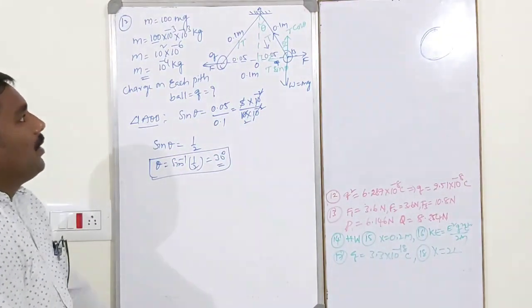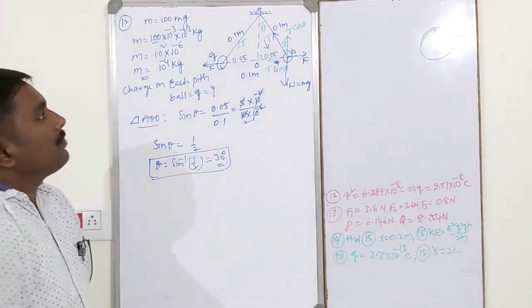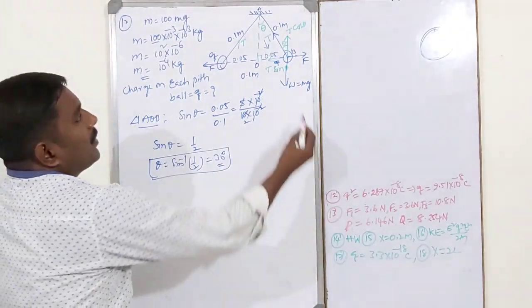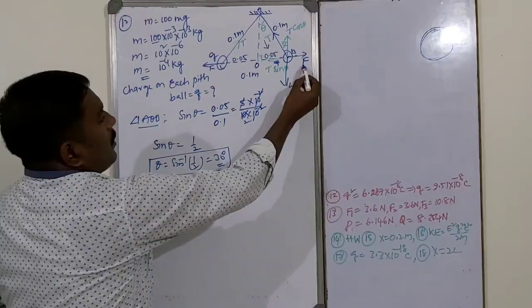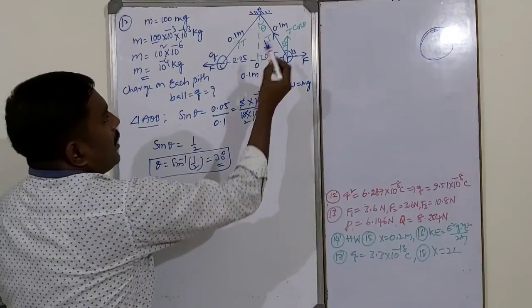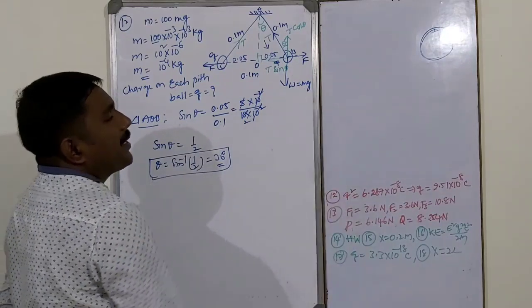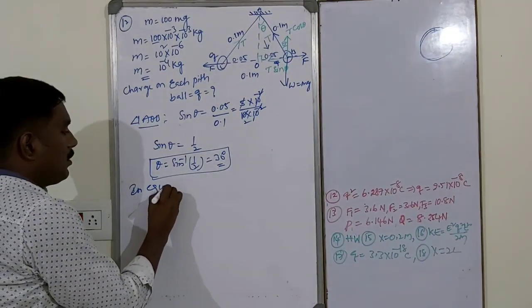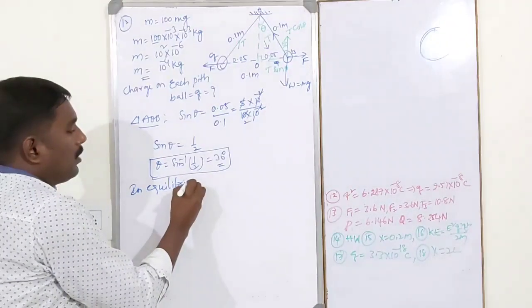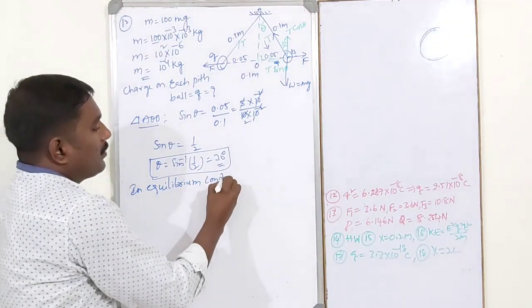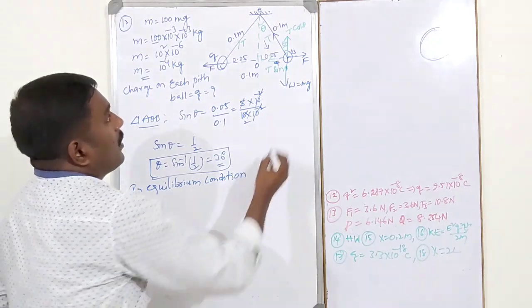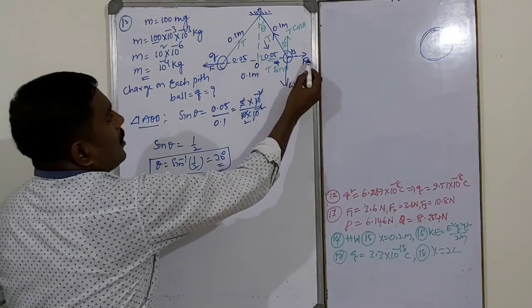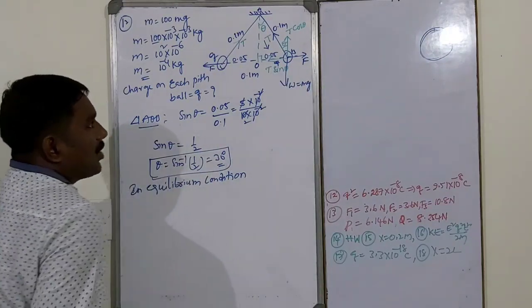So this is the theta value. Okay, so from this diagram, when two pith balls are in equilibrium, F, that is the repulsive force, is balanced by T sin theta, and T cos theta is balanced by the weight. In equilibrium condition, both are equal in magnitude and opposite in direction.